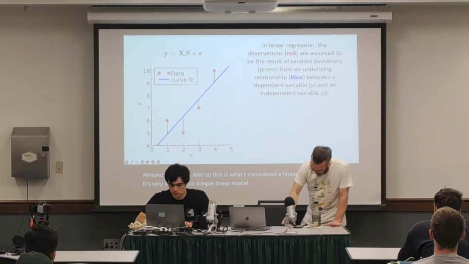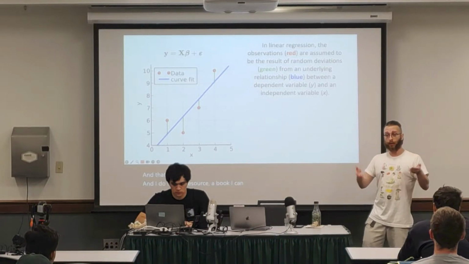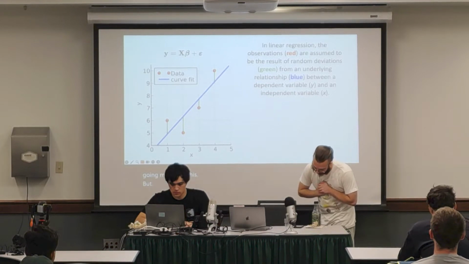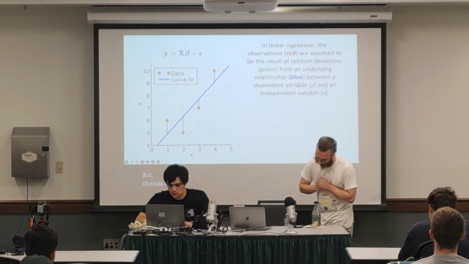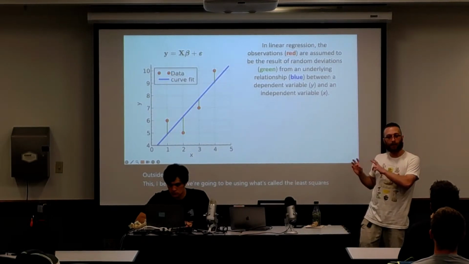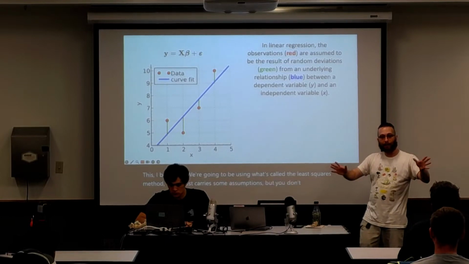Oh, and I do have a resource, a book I can recommend if you're interested in going more into this. But outside of that, I believe we're going to be using what's called the least squares method, which just carries some assumptions, but you don't really need to worry about all that right now.